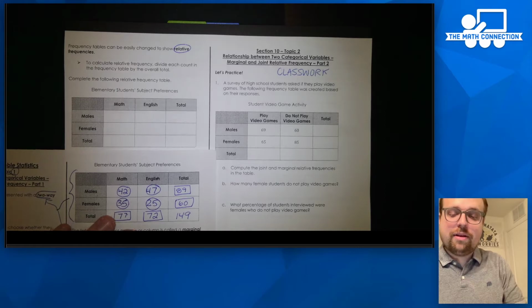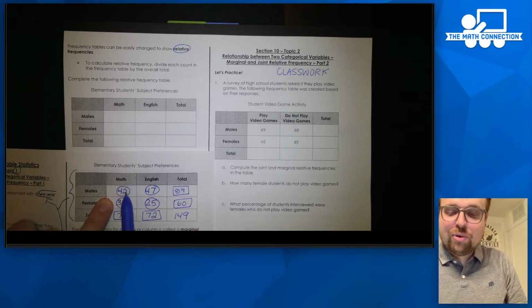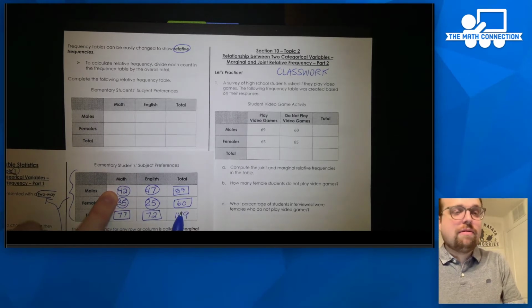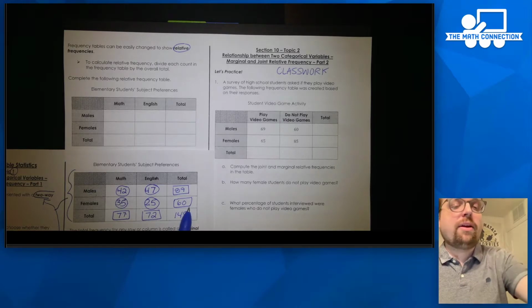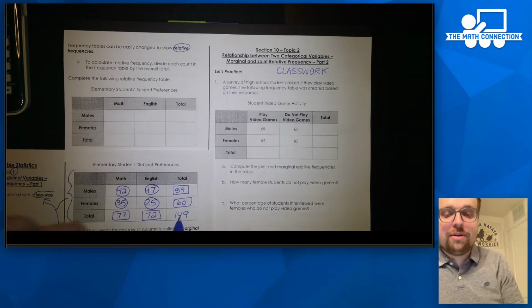So if I refer back to my last table here, and I'll actually show it on the screen right underneath it, okay, so we have the counts here. The students who were male who preferred math were 42 out of 149. So we just need a calculator. We just need to divide those so that we can tell what that number is as a percent. And whatever that answer is, you multiply by 100.